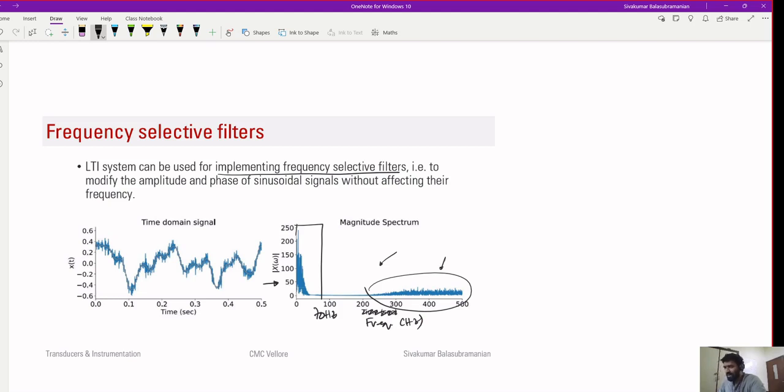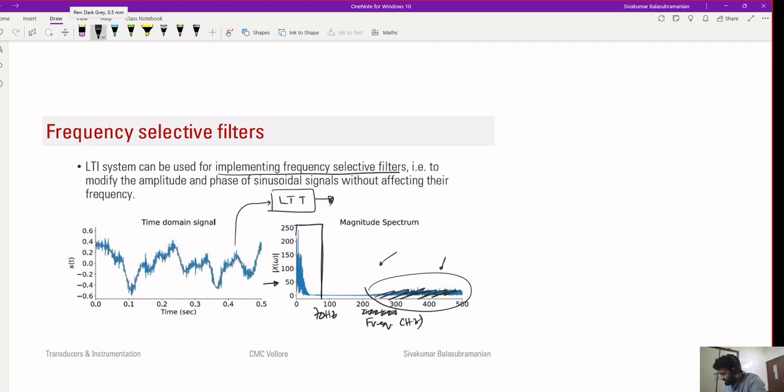Now, one application of LTI systems is that you can design an LTI system such that if you take the signal and pass it through that LTI system, then the output signal that you get will be this gray signal that you see. Okay, I don't know if you can see it properly. Basically, the output signal from the LTI system will effectively only contain this component and not have this component.